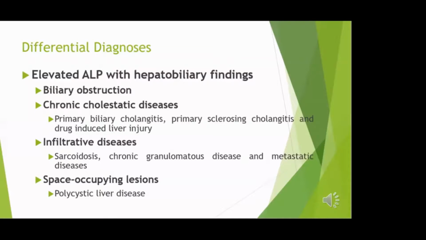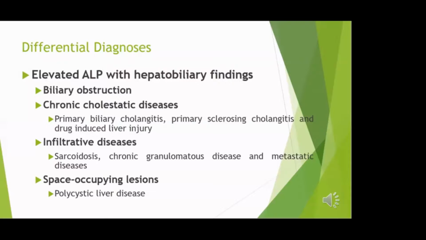So elevated ALP with hepatobiliary findings usually points to a primary liver disease. Chronic cholestatic diseases such as primary biliary cholangitis, primary sclerosing cholangitis, and drug-induced liver injury can produce elevated alkaline phosphatase.